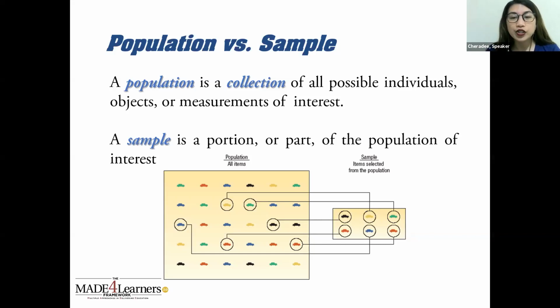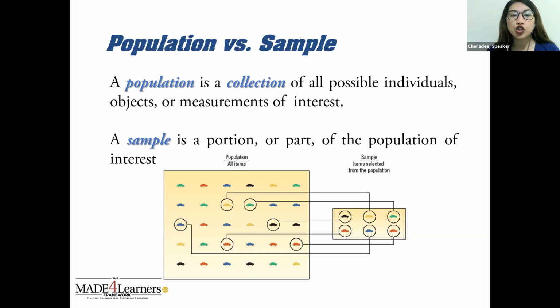As you can see in the drawing, the population is all the items that you have produced, the cars that you have manufactured. And in your sample, you only got 6 out of the 30. That is the difference between the two.